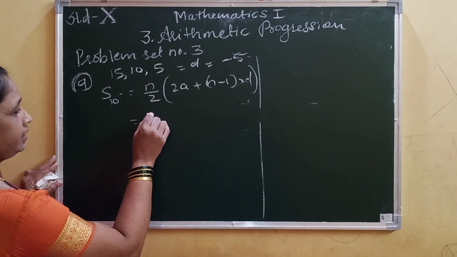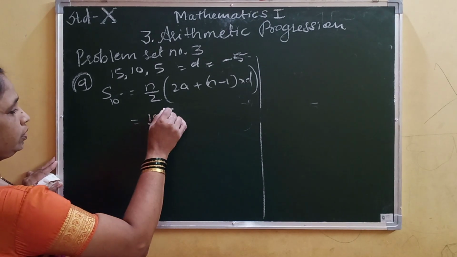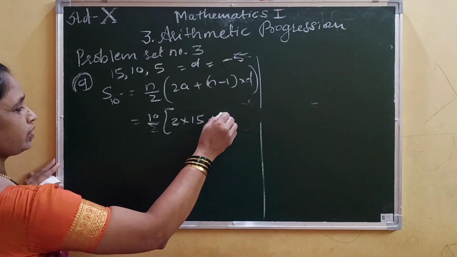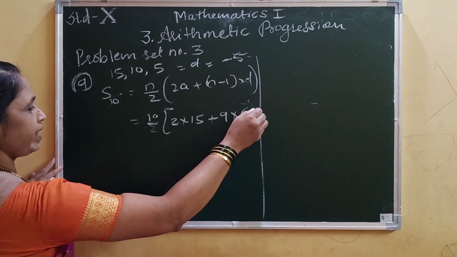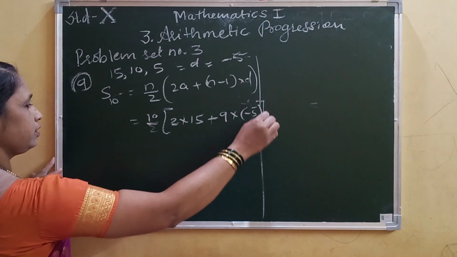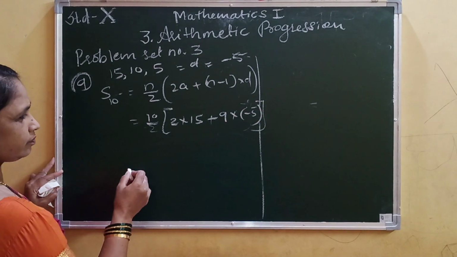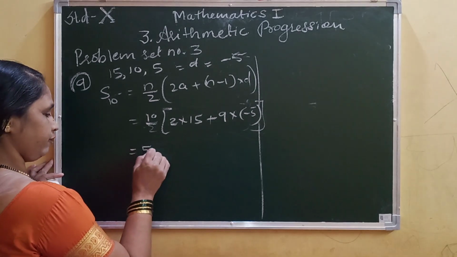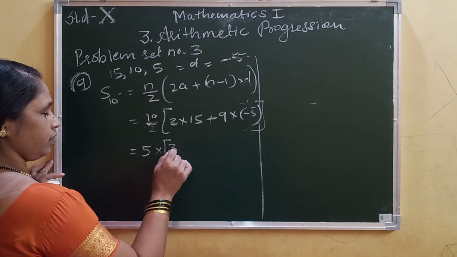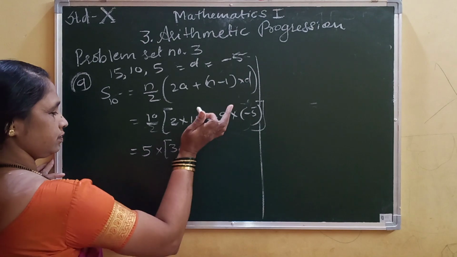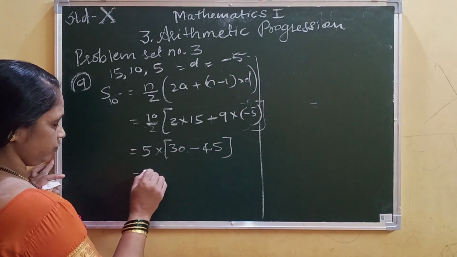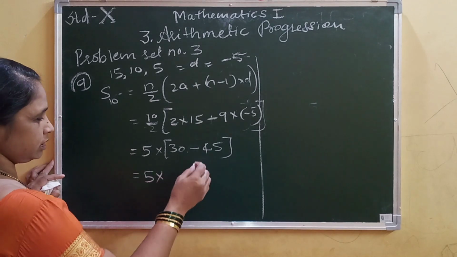Now see here, n is 10 upon 2, into 2 into the first term 15 plus 10 minus 1, which is 9, and the difference is minus 5. Okay, so it will be 5 into 30 plus minus 45. So it will be 5 into, this is how much?